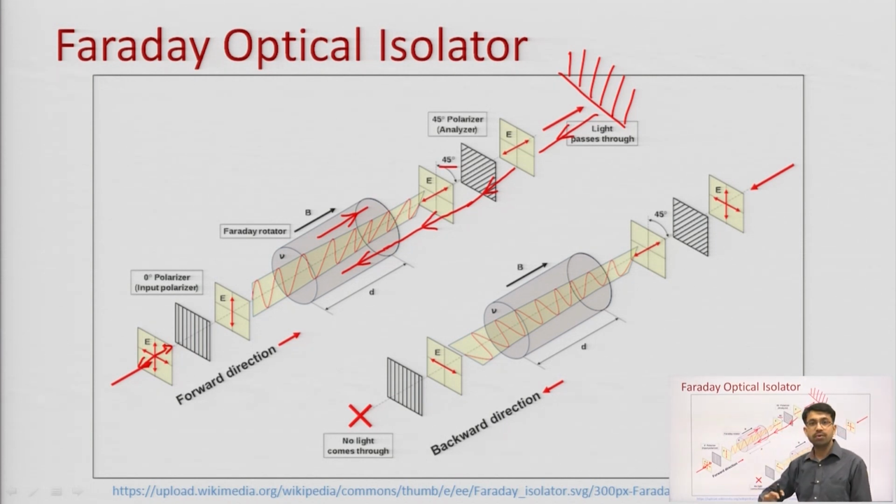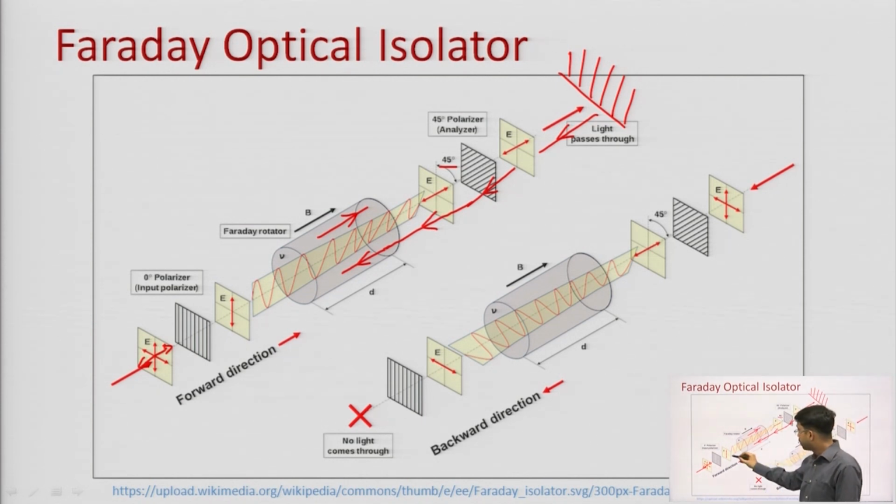It will again be rotated by 45 degrees in this direction. So, the vertically polarized light will get converted into horizontally polarized light. It will be rotated 90 degrees: 45 degrees in this direction and 45 degrees while coming back.